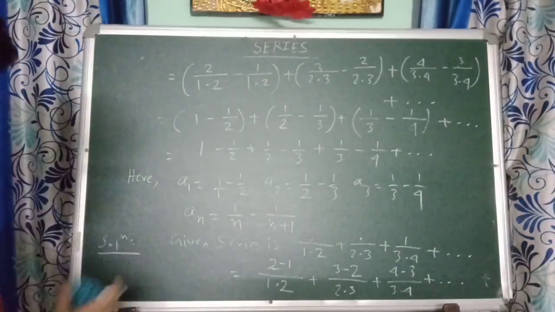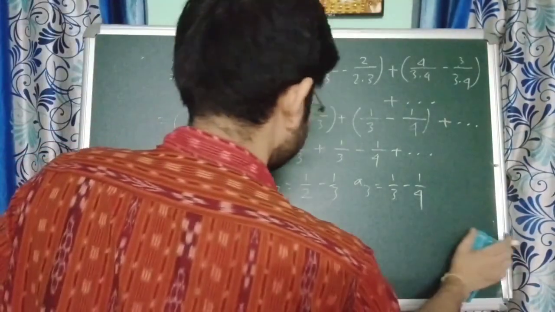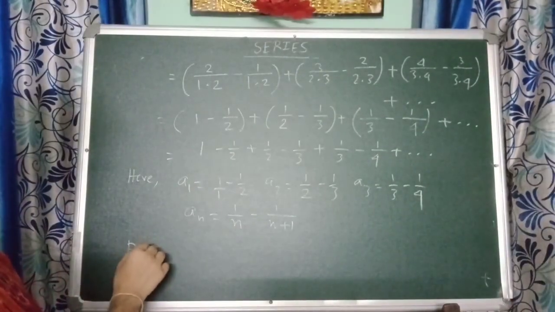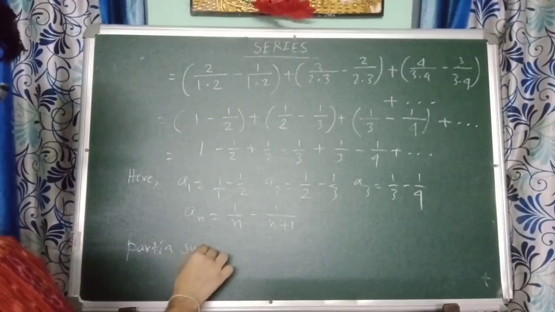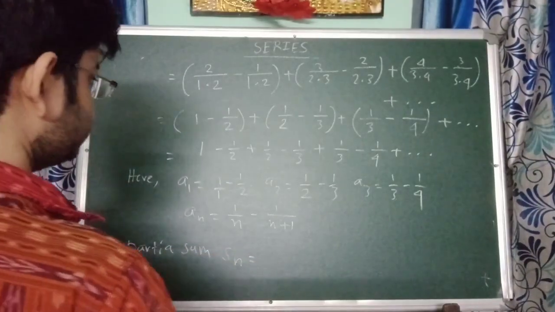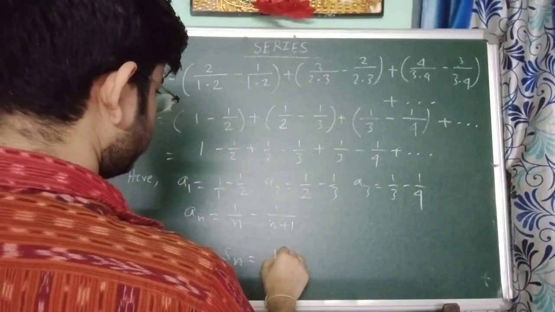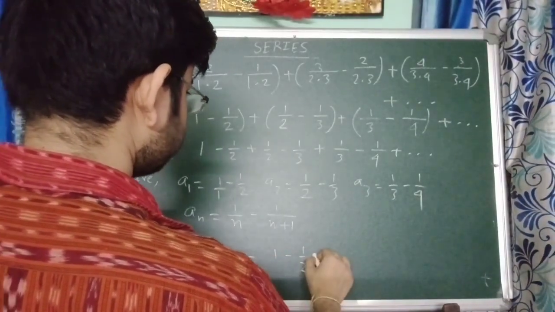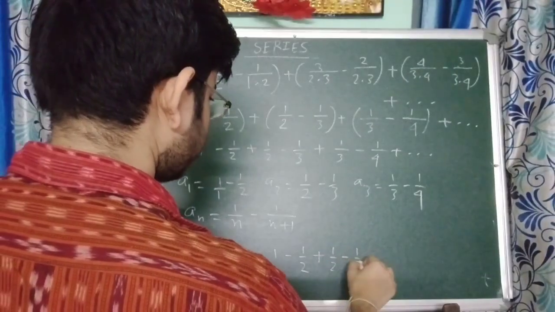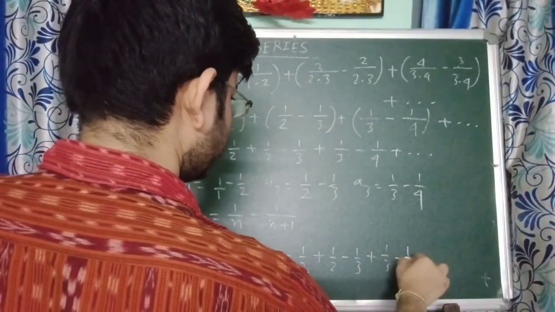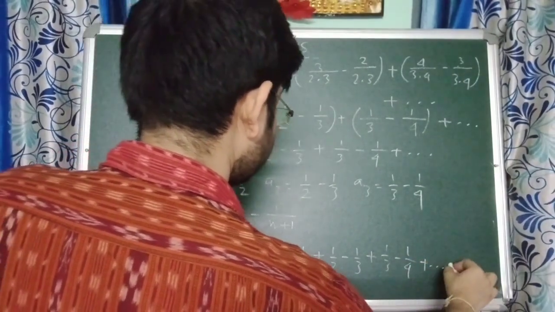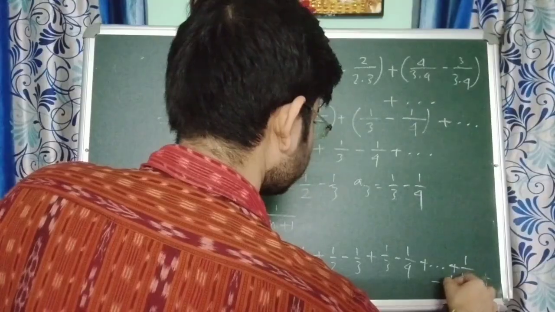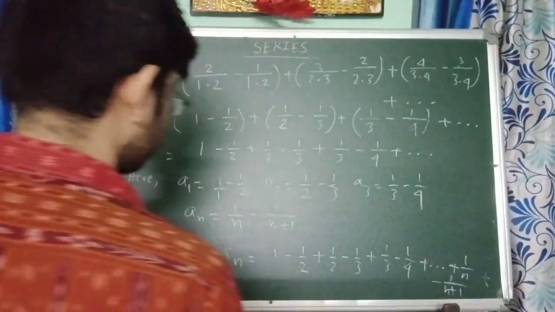So the partial sum Sn equals 1 minus 1 by 2 plus 1 by 2 minus 1 by 3 plus 1 by 3 minus 1 by 4 and so on, and the last one is 1 by n minus 1 divided by n plus 1.